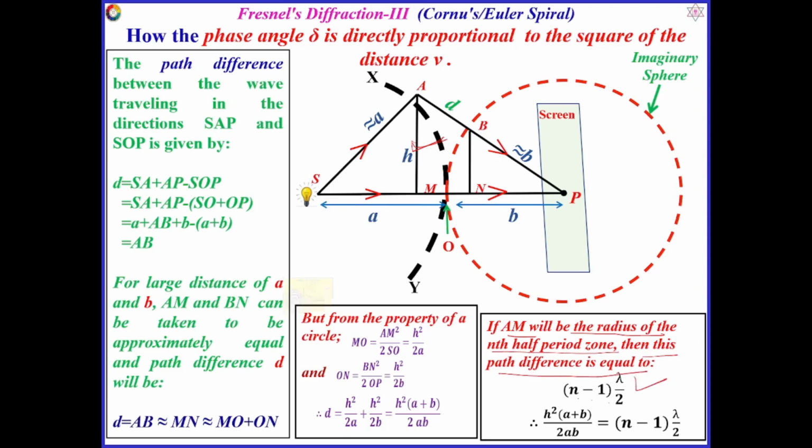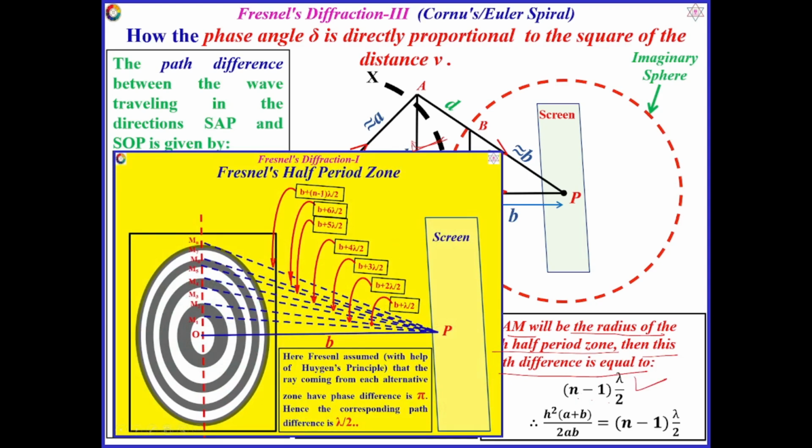We have already discussed that for this path and this path, the reference is lambda by 2. From the first half period zone to the second half period zone, it is lambda by 2.